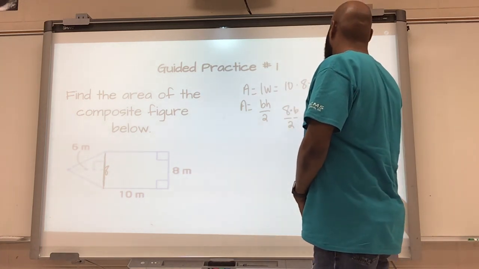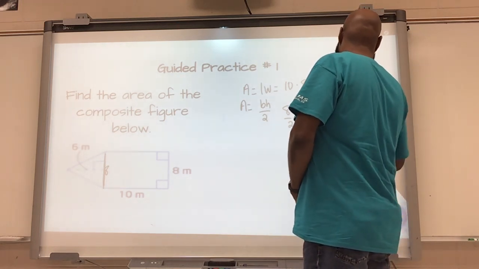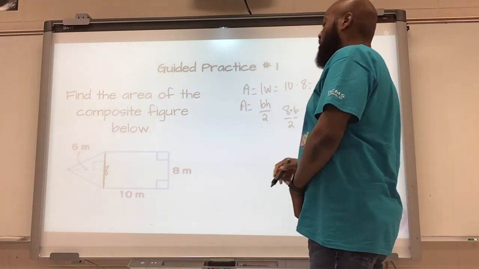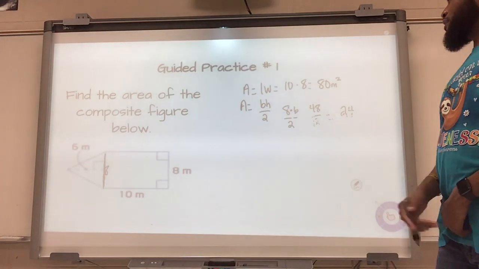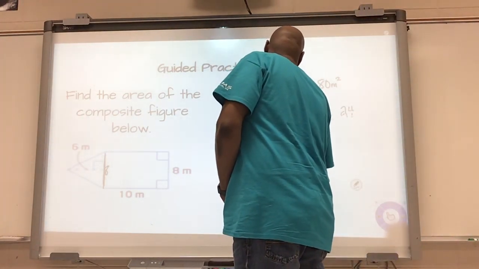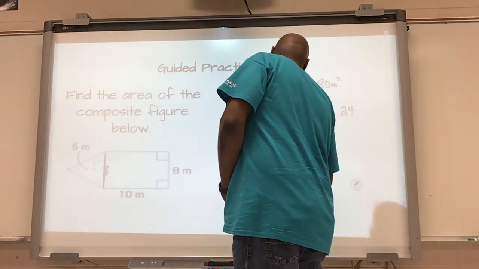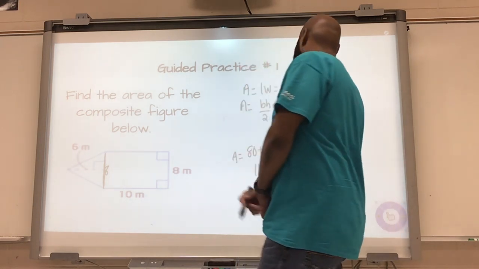So we have 48 divided by 2 equals 24. But we're not finished. We have to add our two areas together. So we will have 80 plus 24, and that will give us 104 meters squared.